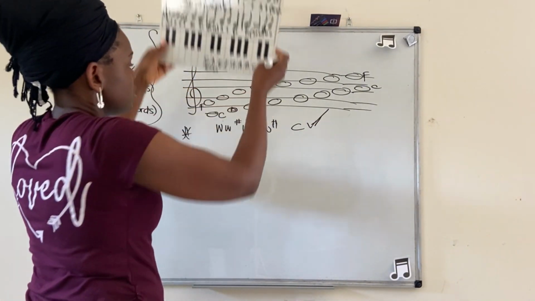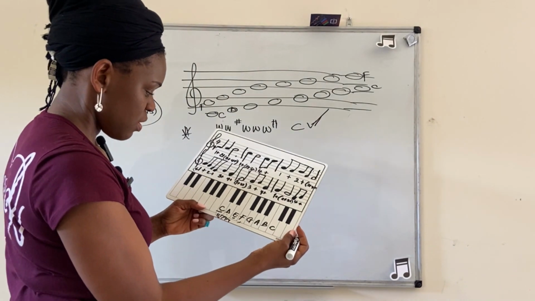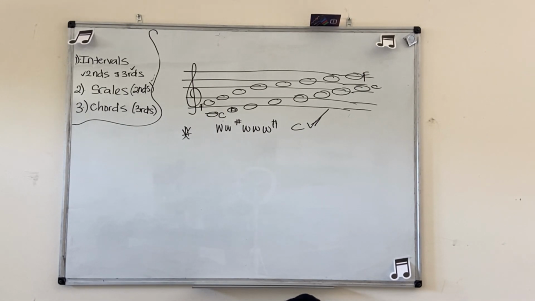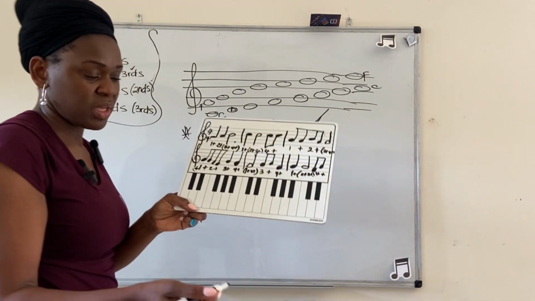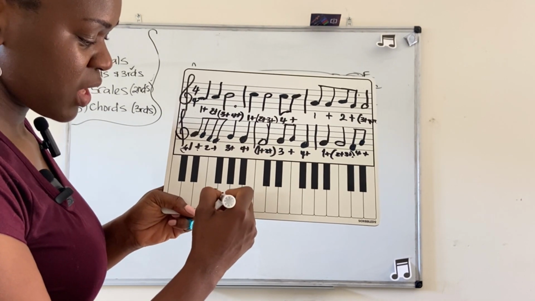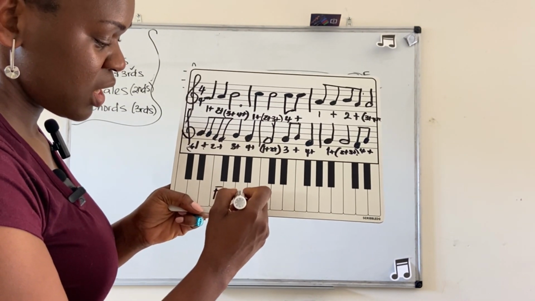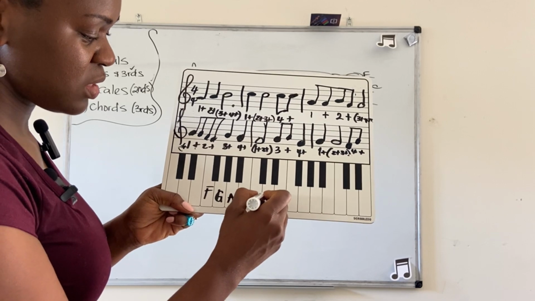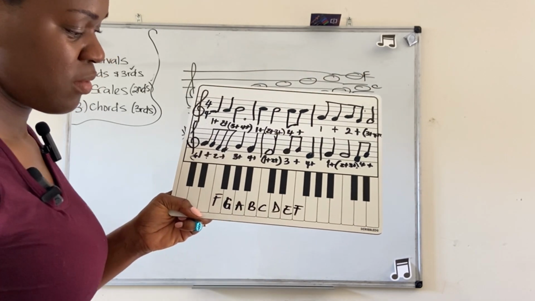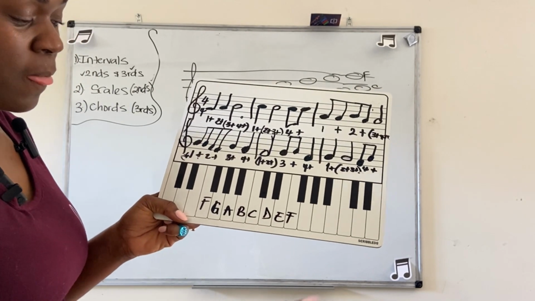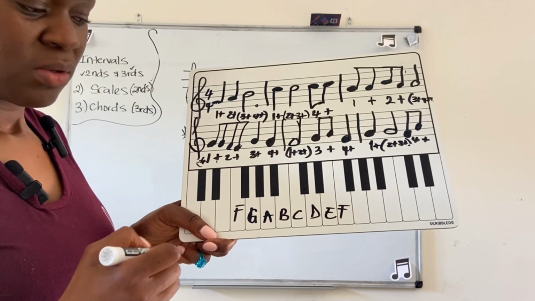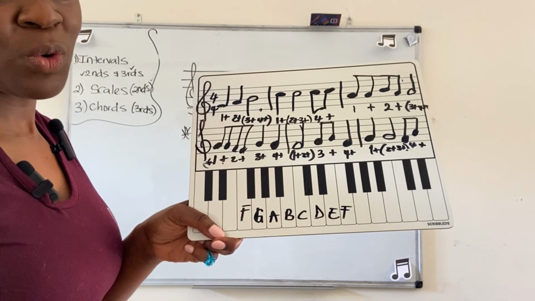So we'll have to add some accidentals to make it fulfill the scale. In this case, we're starting with our F. I would like us to erase this so we can see the entire F scale. F will start from here: F, G, A, B, C, D, E, F. From F to G, is that a whole step or half step?